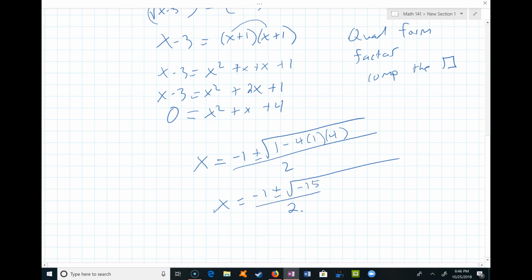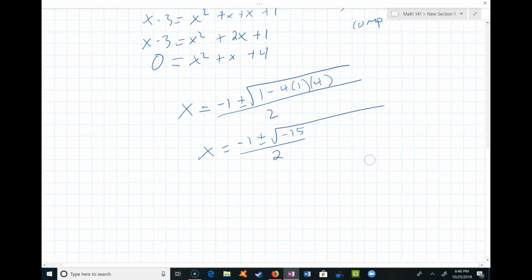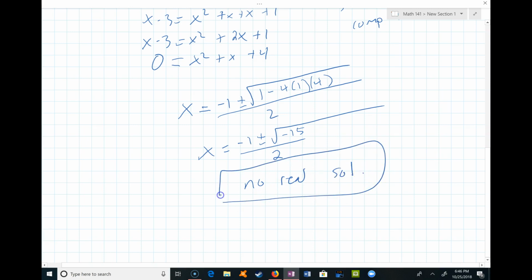And we stop there and say, oh, wait a minute. I cannot take the square root of a negative number. So this means, as we talked about in class, that there's an imaginary solution. But in this class, we're not going to deal with imaginary numbers. So we would just say no real solution.